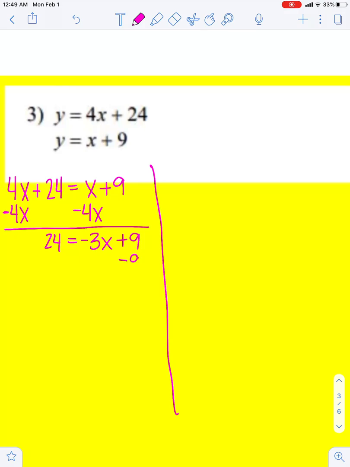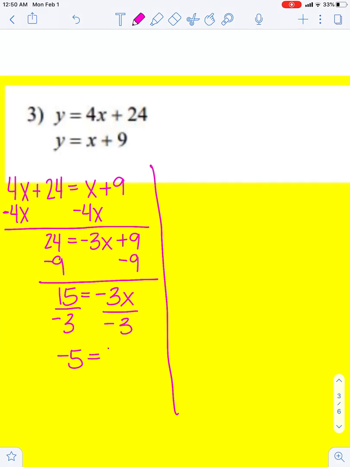So I'm going to subtract 9 from both sides, and this will give me 15 is equal to negative 3x. So I'll divide by negative 3 on both sides to get negative 5 is equal to x.